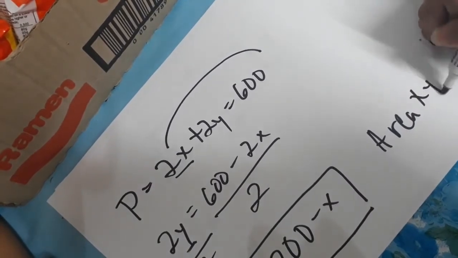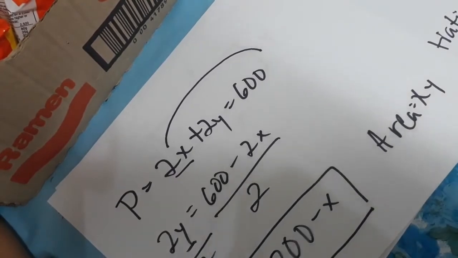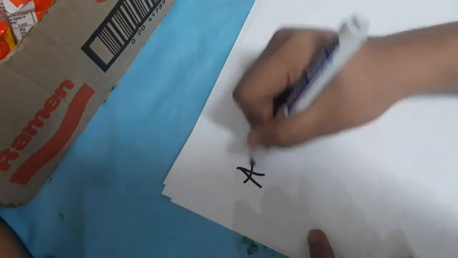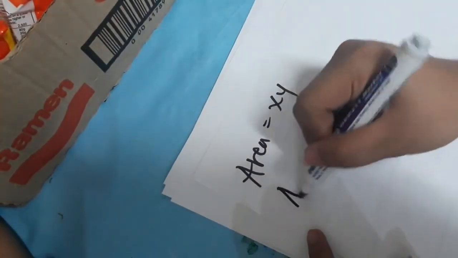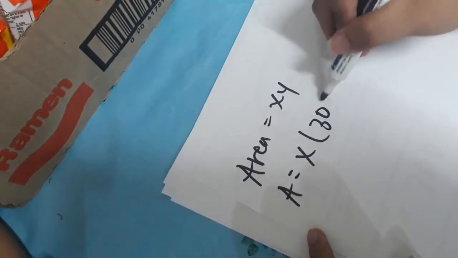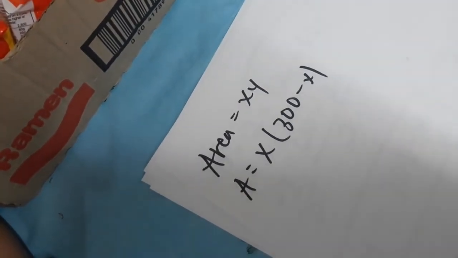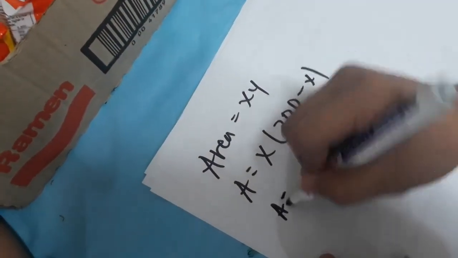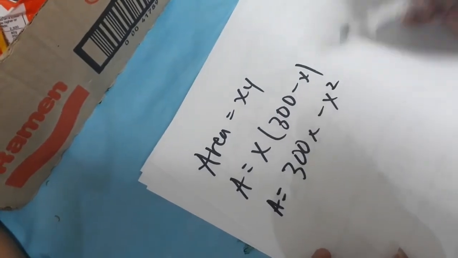So this y, we will substitute this value to the area xy. Next thing we will do is substitute into the area. So we have area is equal to xy. A is equal to x times 300 minus x, which is the value of y. So A is equal to 300x minus x squared.